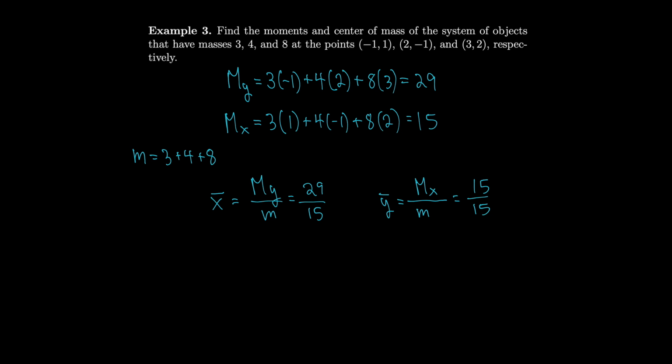I should have probably written this equals 15. Yeah, so that's just 1. So that means that our center of mass, x bar, y bar, that point is at 1 and 14/15, comma 1.